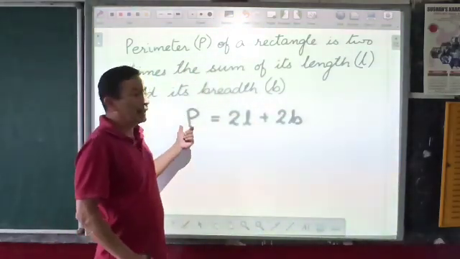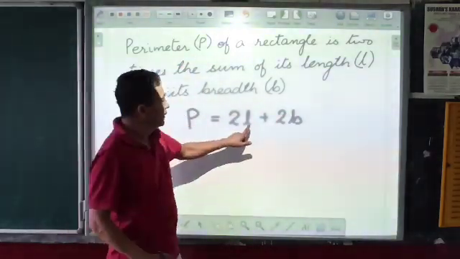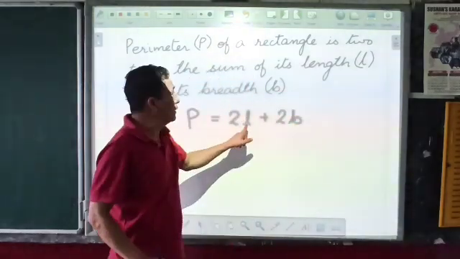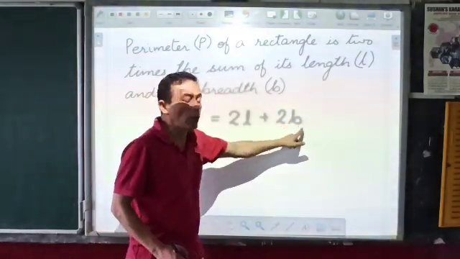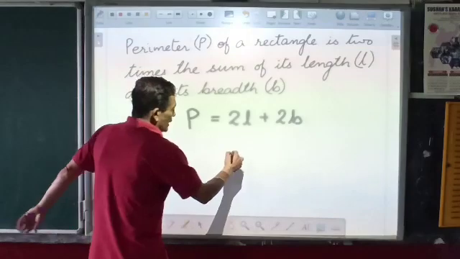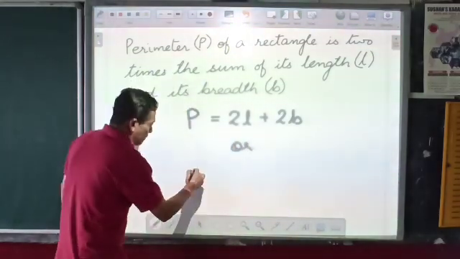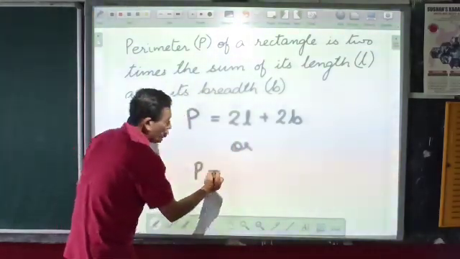So perimeter is in terms of P, length is in terms of L, and breadth is in terms of B. The same can also be written as P is equal to.